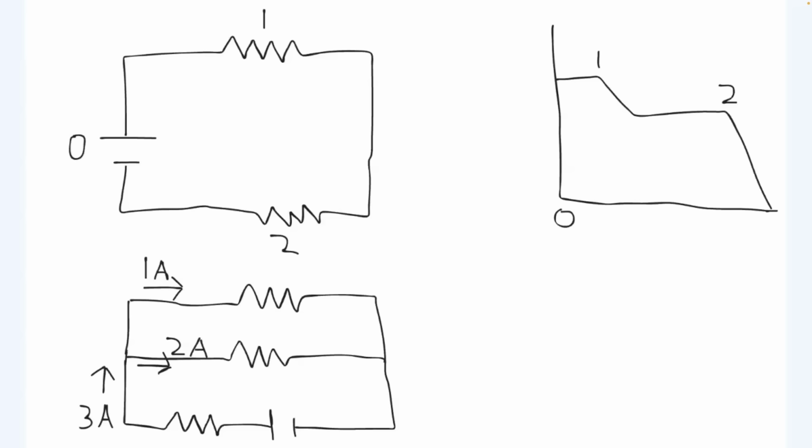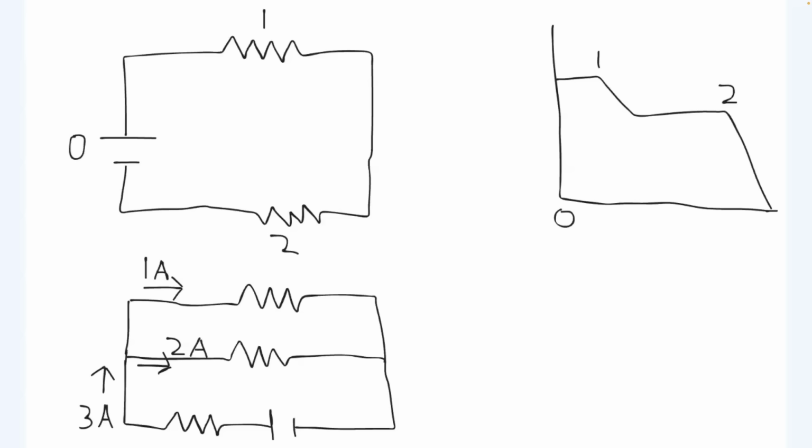This bottom circuit represents Kirchhoff's loop rule. So this current of 3 amperes is going to split between both of these parallel loops. 2 amps will go to that resistor, and 1 amp will go to the top component.